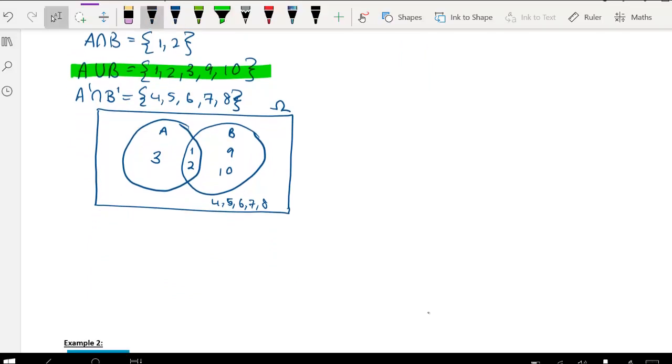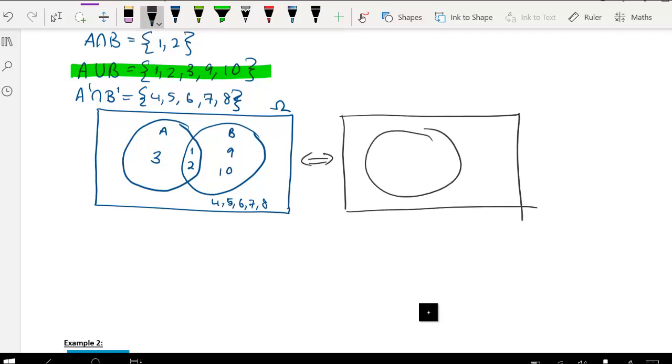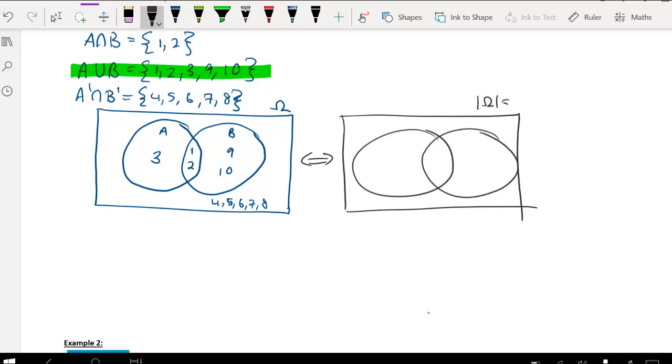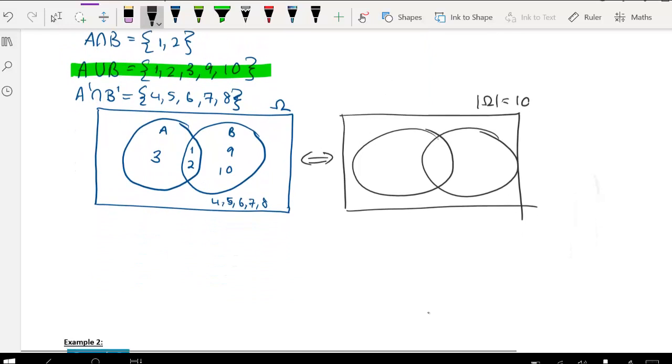If we wanted to draw a Venn diagram with the cardinalities, so just looking at the numbers in each of those sets, then we can say that the set contains 10 values.